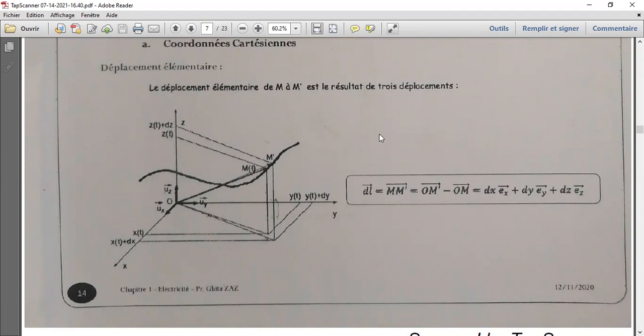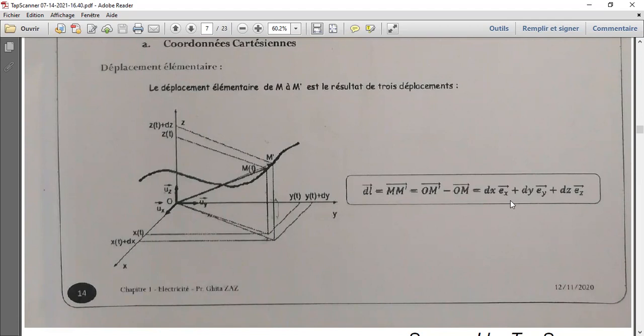But when you're calculating the movement, like in this case, the vector MM prime, this is how the formula is. It is only an exception when you're calculating the volume and the surface area.